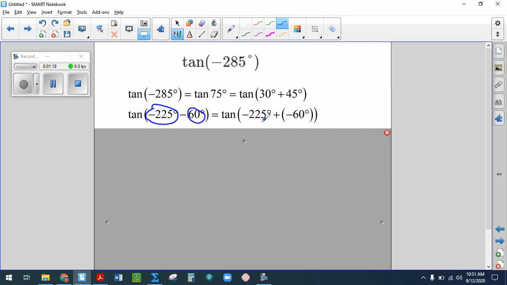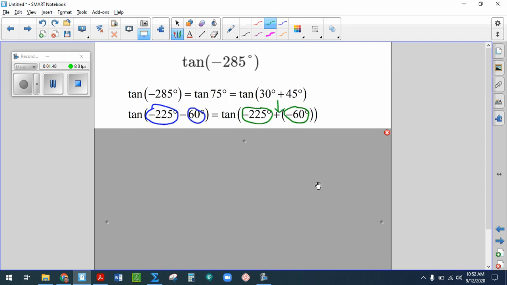So it would have showed up as tangent negative 225 minus tangent 60 over 1 plus tangent negative 225 times tangent 60, versus using two different negative angles, but then you're adding them together.